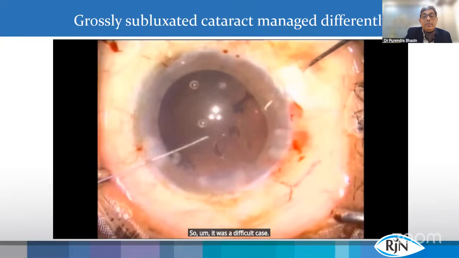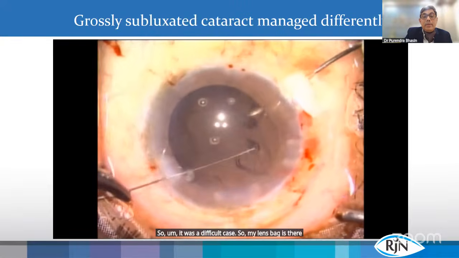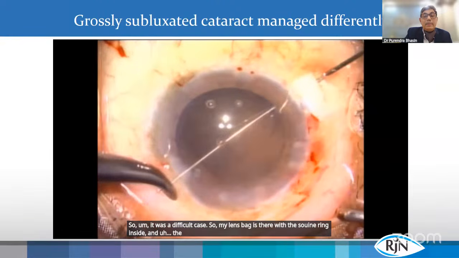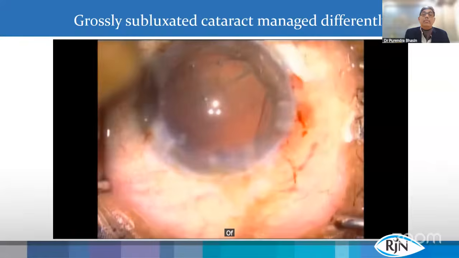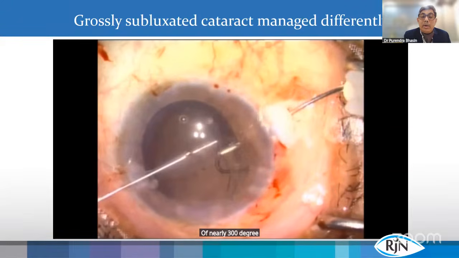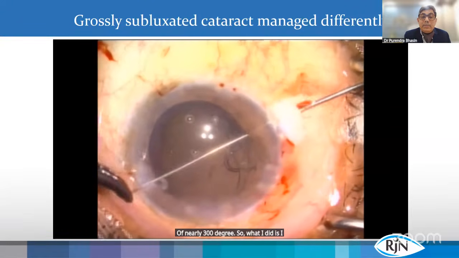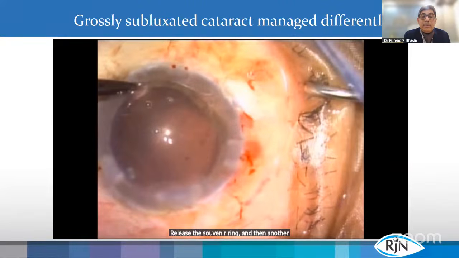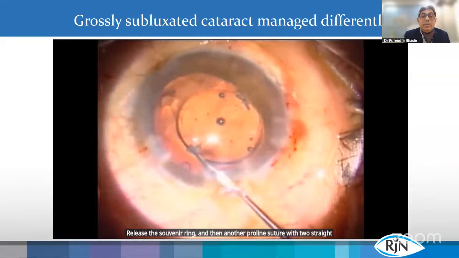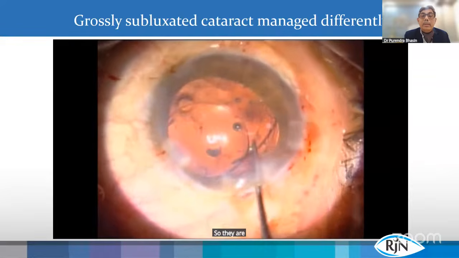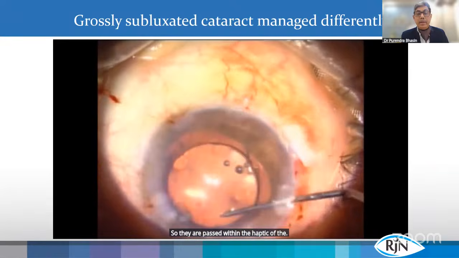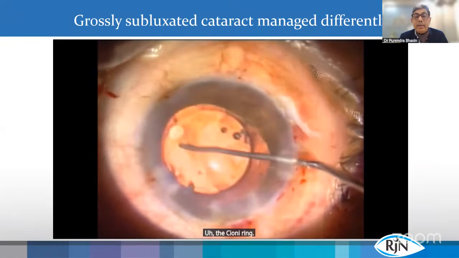So my lens bag is there with the ring inside and a zonular dialysis of nearly 300 degrees. What I did is I released the Prolene suture, released the ring, and then used another Prolene suture with two straight needles. They are passed through the haptic of the ring, and it is then gently fixated.